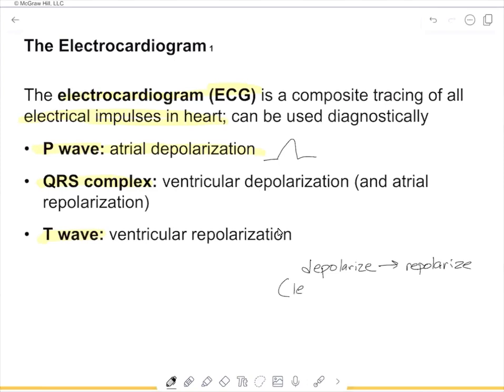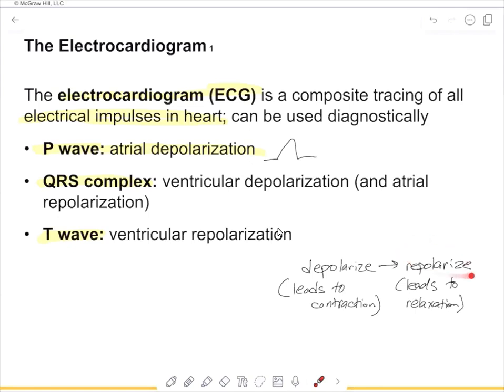So depolarization leads to contraction of a region of the heart. So it has to first depolarize, then it can contract. So in this case, it would be the atria eventually contracting. Repolarization is going to lead to the relaxation of the heart.